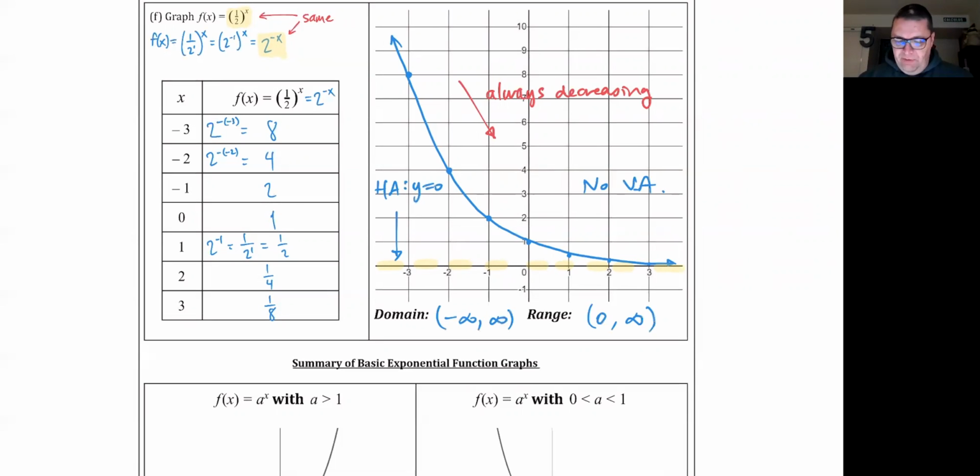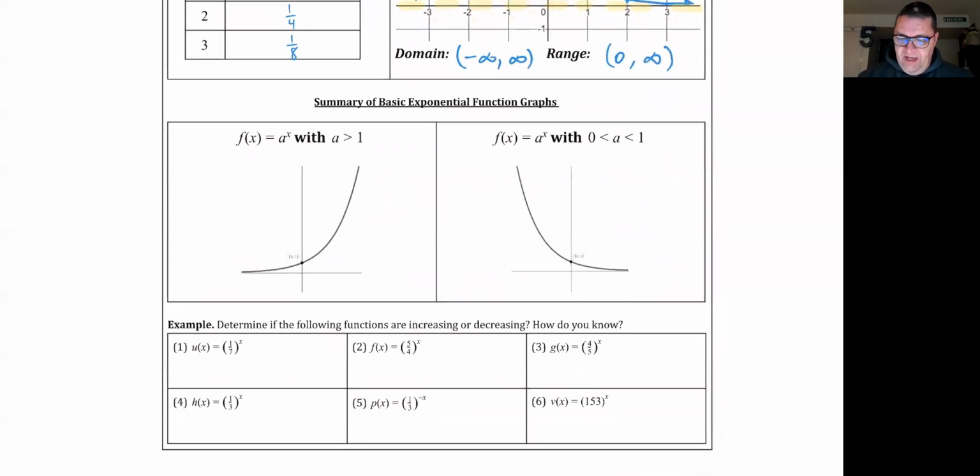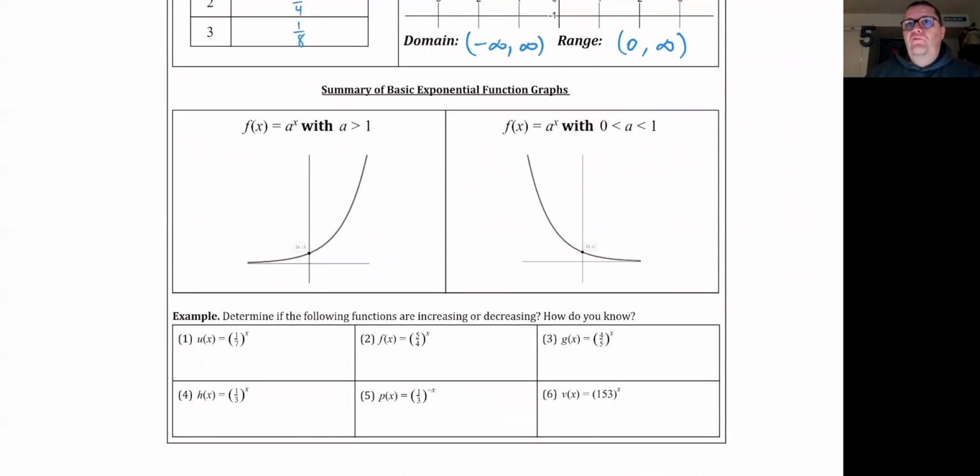Now, here is a summary of what we have learned with the graphs on the previous page, and now this graph in this page. If the base is greater than 1, we are going to have an always increasing graph. But if the base is between 0 and 1, then this graph is decreasing.